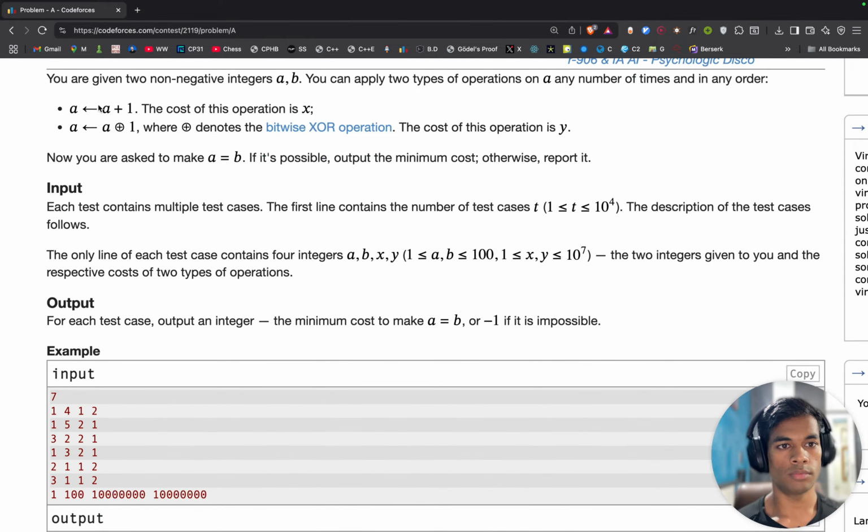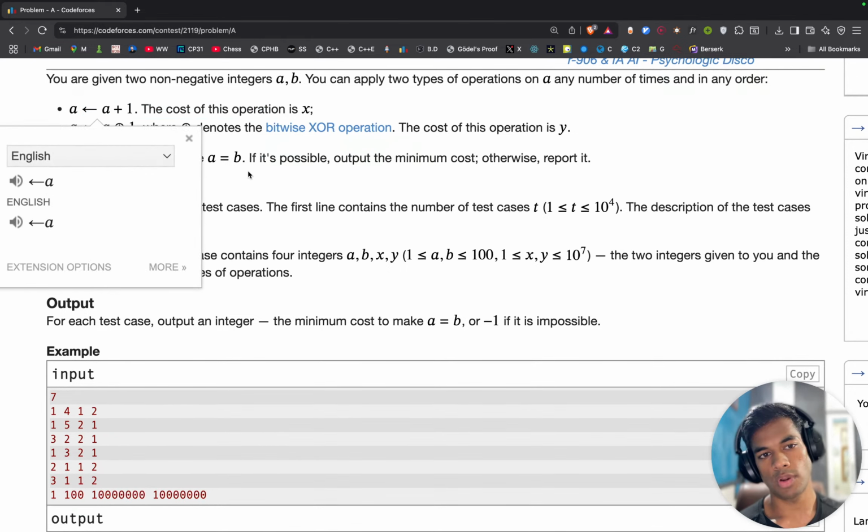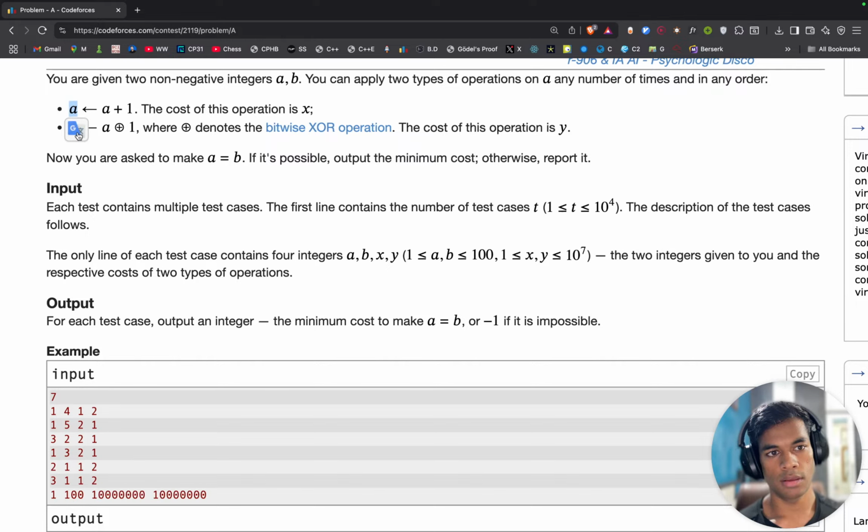So our goal would be, first of all, to check if a is greater than b, or equal to b, or less than b. If a is less than or equal to b, then there would be one way to solve this.